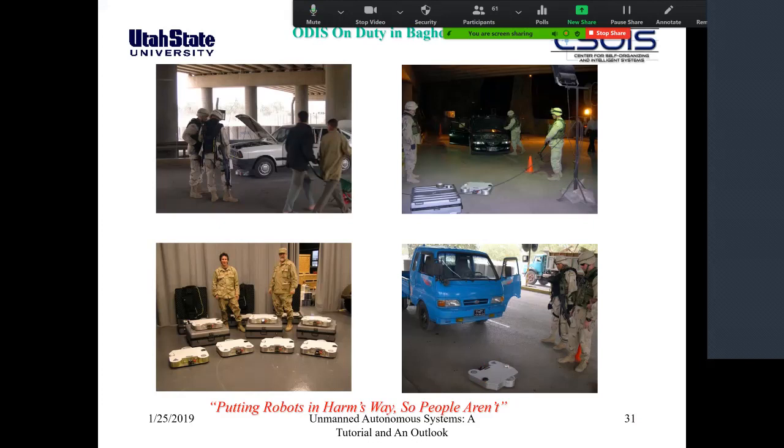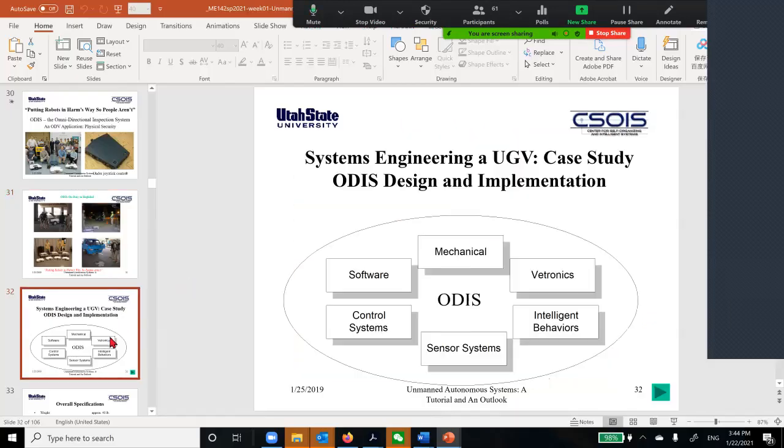It is a Mechatronic system, so you need to have subsystems. The whole vehicle has mechanical, sensor, control, software, computer, and electronics. But they also added an interface with humans, like how to understand human behavior, intelligent behavior, and so forth.